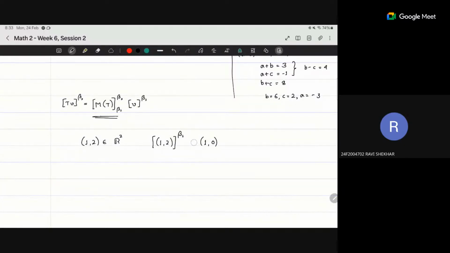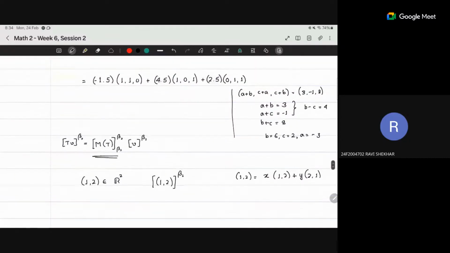Meaning, you look at this vector and try to write it as a linear combination of the given basis: something times here plus something times here. Your given basis, this beta 1. Got it, sir.